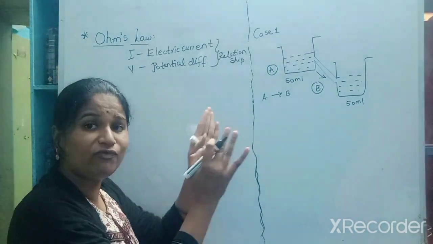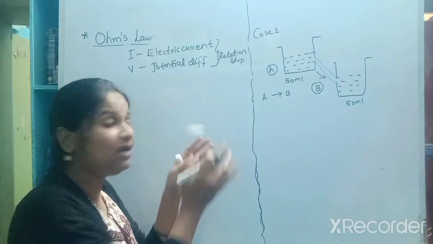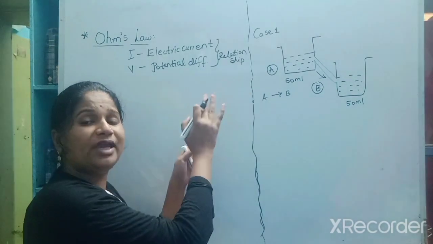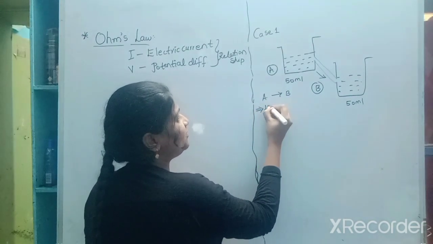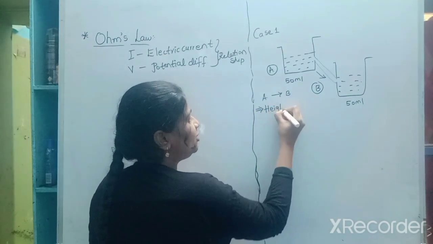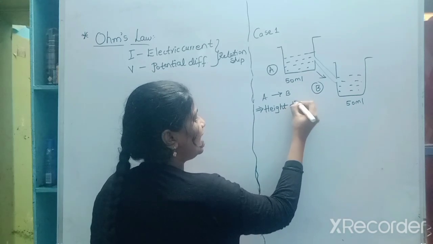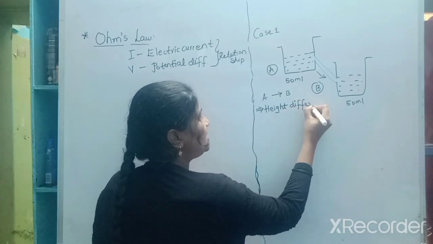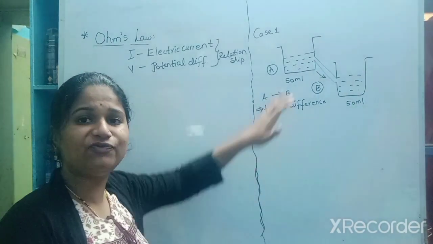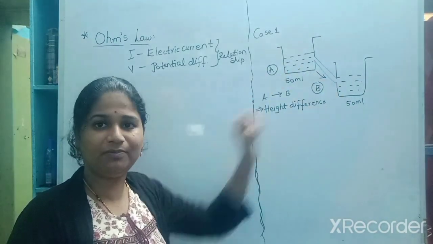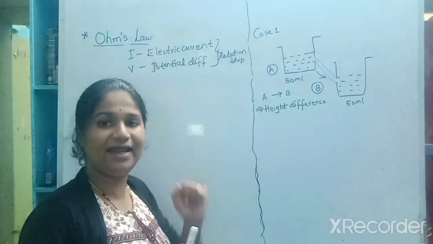Even though the amount of water is the same in both beakers, there will be a flow from A to B. Why? Because we have the height difference. Due to the difference in height, the flow of water starts from beaker A to beaker B.